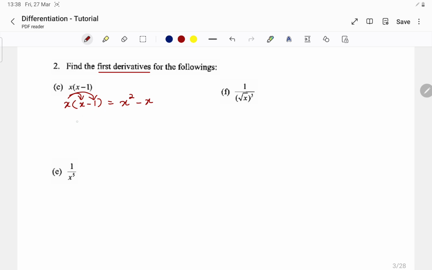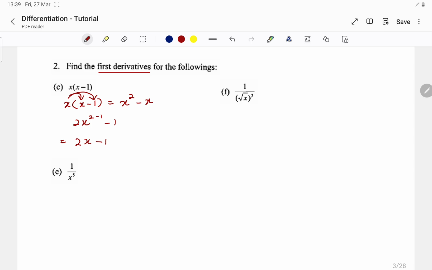So 2 you bring in front, become 2x to the power of 2 minus 1, because the power will minus 1, and then negative x when we differentiate become 1. So minus 1. So here the answer is 2x, the power 2 minus 1 become 1, so 2x minus 1. So this is the first derivative.